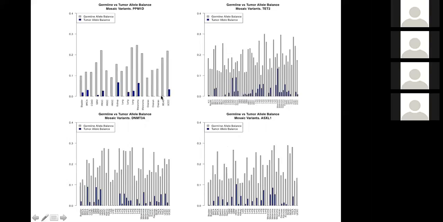For some of the samples, you can actually even confidently say that there is no such event in the tumor at all. And given the fact that the tumor DNA is usually sequenced much more deeply than the germline DNA, that's even more surprising. Usually tumors are sequenced at a coverage of more than 100x.